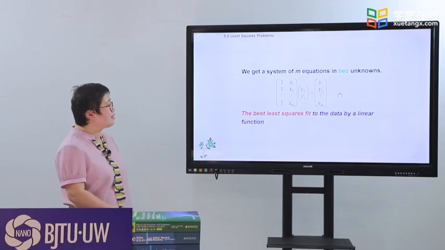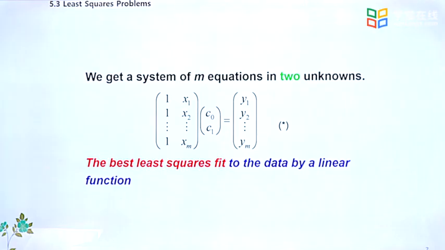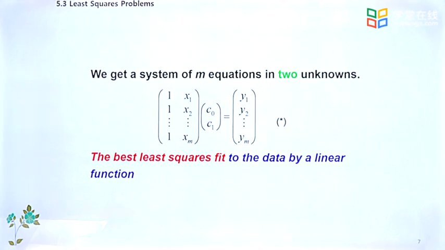The best least squares fit to the data by a linear function is the least square solution to this linear system. So you solve the transpose of this matrix times this matrix times c0, c1 equals the transpose of the coefficient matrix times the right-hand side vector y.